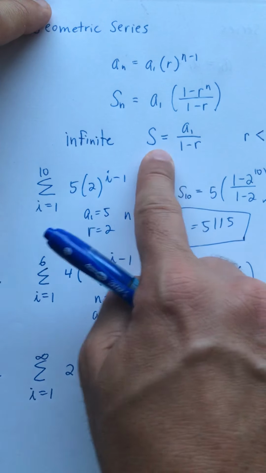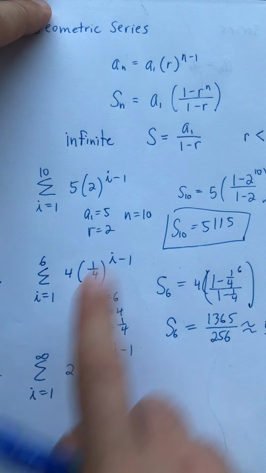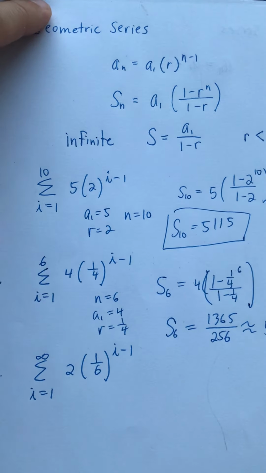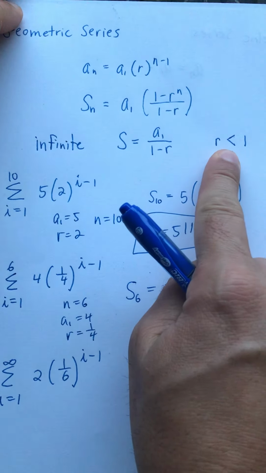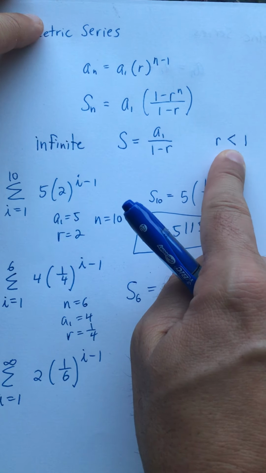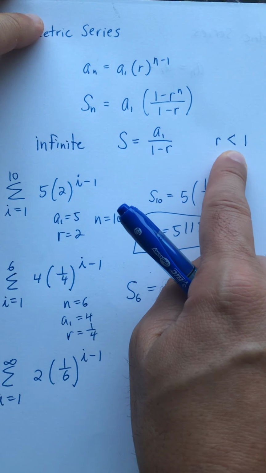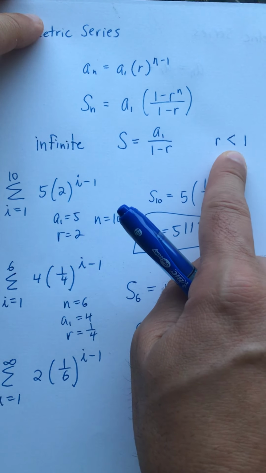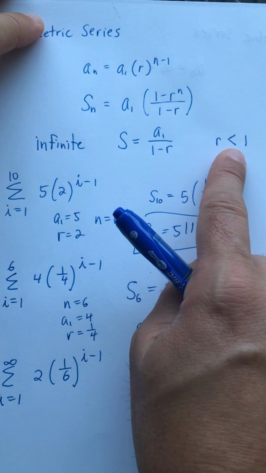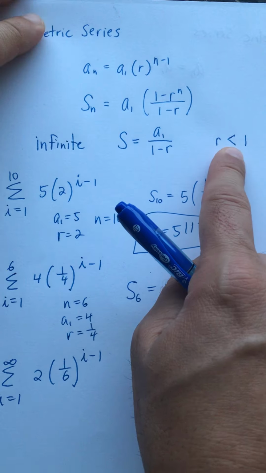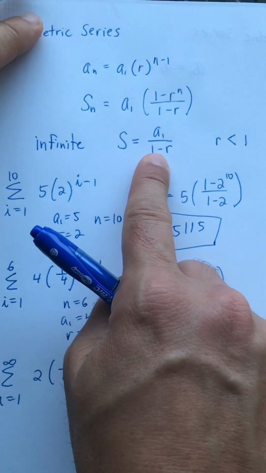It's simply a1 divided by 1 minus r, but notice it says that the absolute value of r must be less than 1. If r is not less than 1, then you cannot find the sum of an infinite series. You would say that there is no sum. R has to be less than 1 in order to find the sum.